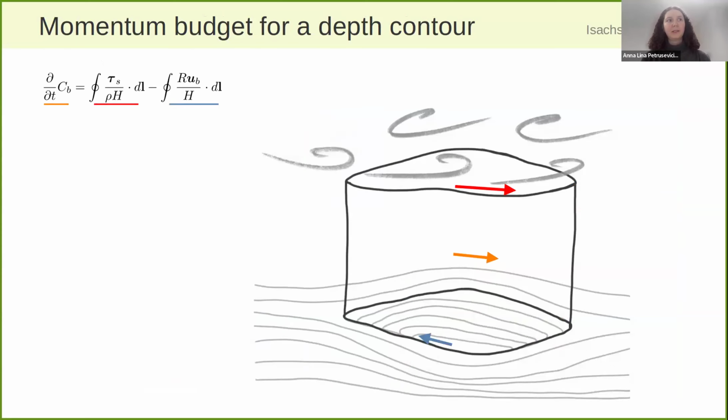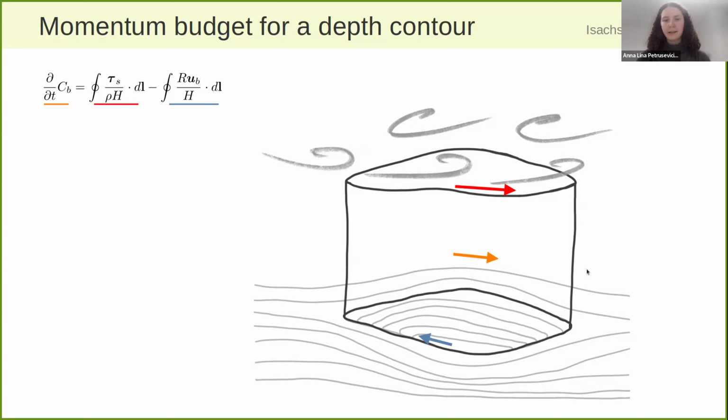To say something about what's driving the circulation, we look at the momentum budget for a depth contour. To arrive at this momentum budget, we start with the full momentum equations, which are basically Newton's second law. And then we integrate them through the water depth and around a closed contour. So then you get something like the figure that I have here.